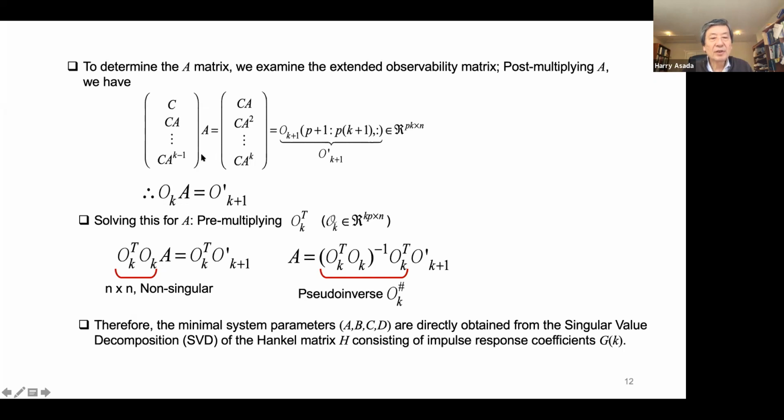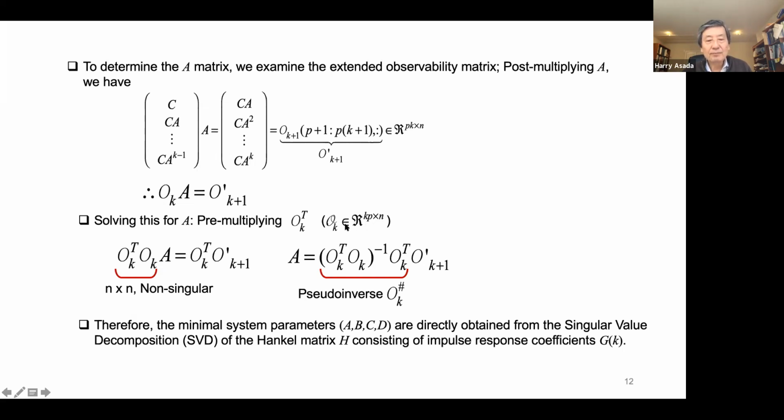So this linear equation, A is placed here, O_K A equals O prime K+1. Solving this for A, we get A, right? So let's pre-multiply O_K transpose. And remember that O_K has dimension pK by n, and K is larger than n, okay?